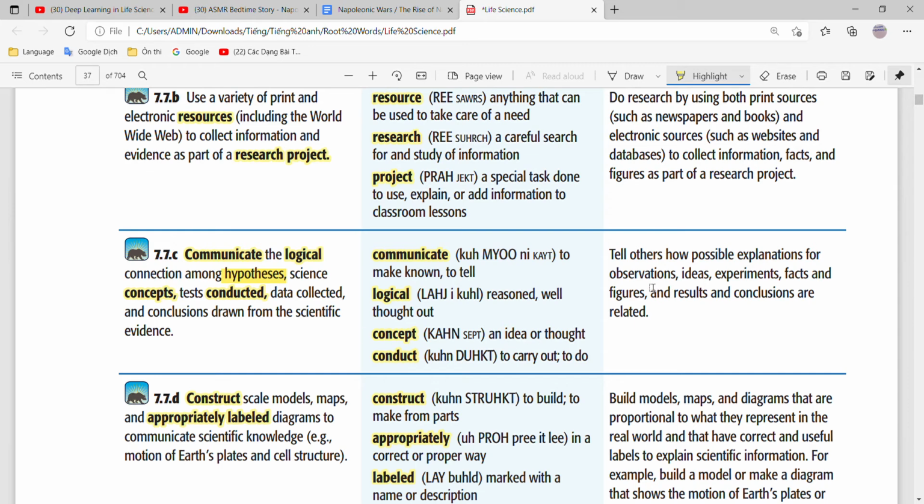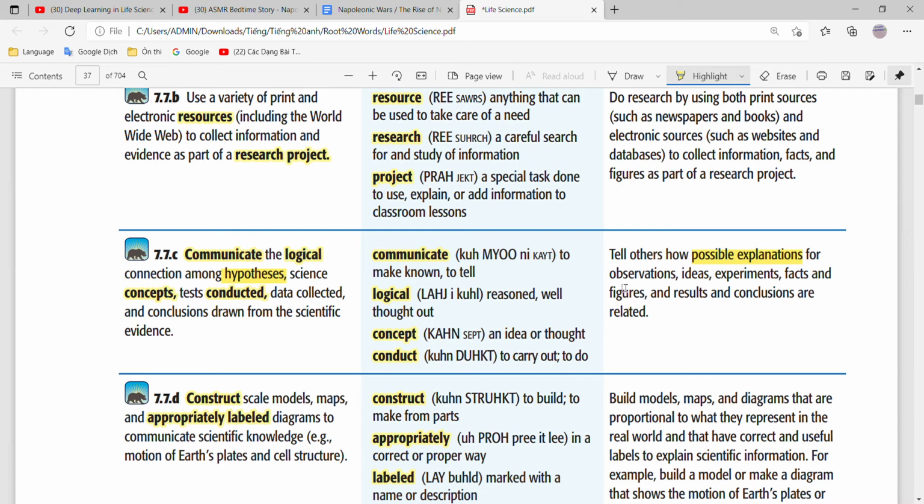Okay, so it's like telling others how a possible explanation for observation, ideas, experiments, facts and figures, and results and conclusions are related.